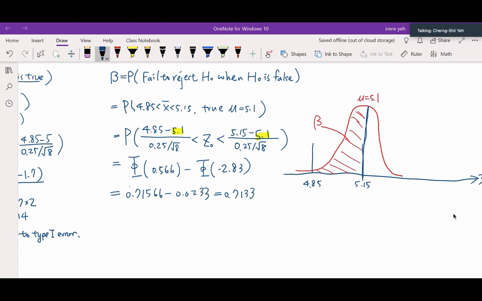The question asks us to derive power, which is 1 minus beta, the ability to correctly reject the incorrect null hypothesis. So the ability for us to draw the correct conclusion is very low, 0.2867, less than 30% chance to catch this very minor shift in our process.